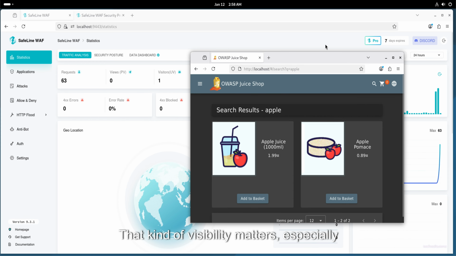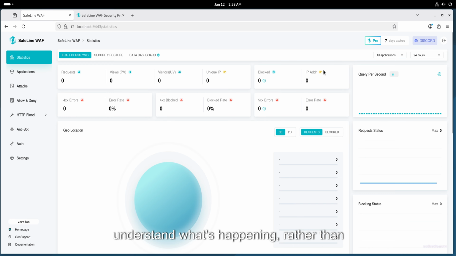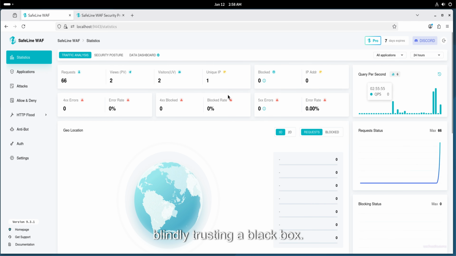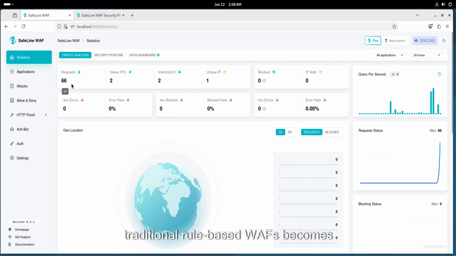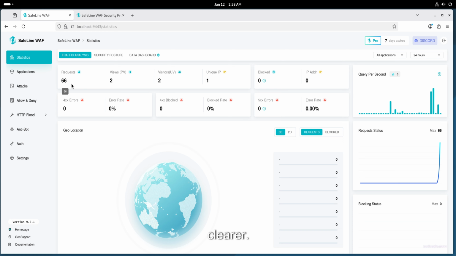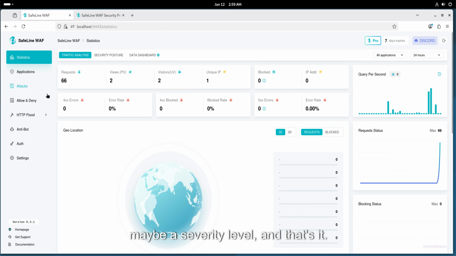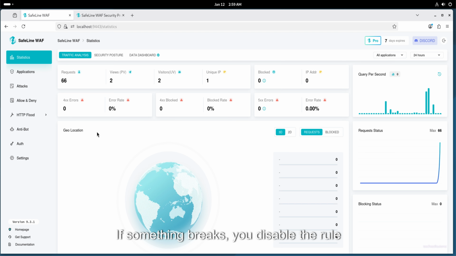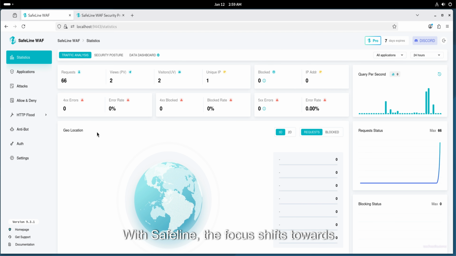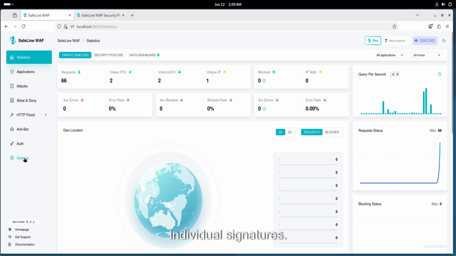That kind of visibility matters, especially when you're self-hosting and need to understand what's happening, rather than blindly trusting a black box. This is where the comparison with traditional rule-based WAFs becomes clearer. In a classic setup, you'd see a rule ID, maybe a severity level, and that's it. If something breaks, you disable the rule and hope for the best. With SafeLine, the focus shifts towards understanding behavior rather than chasing individual signatures.